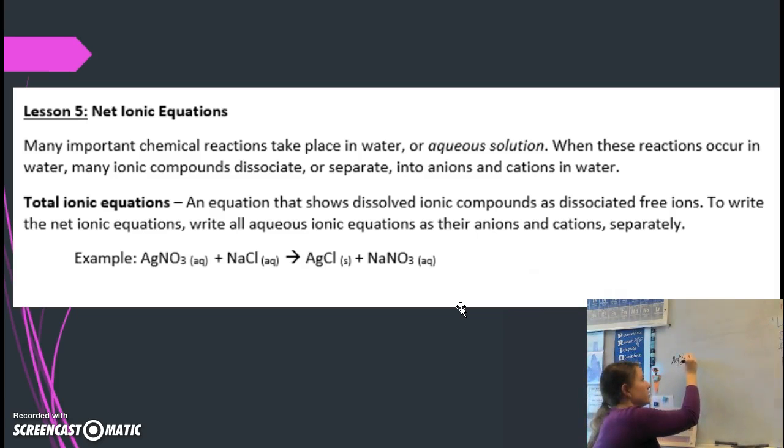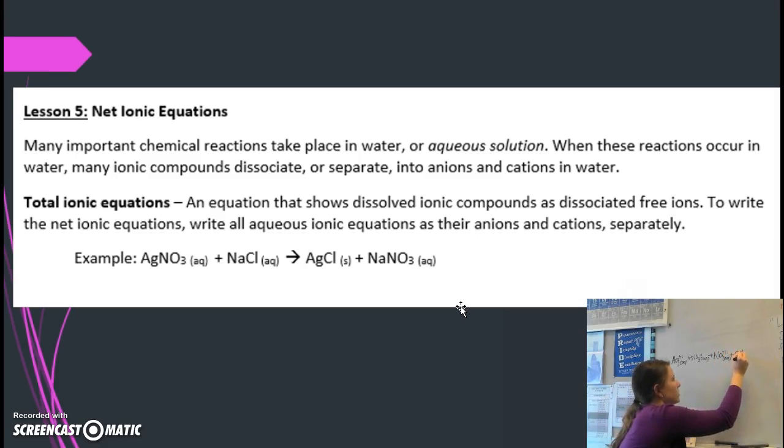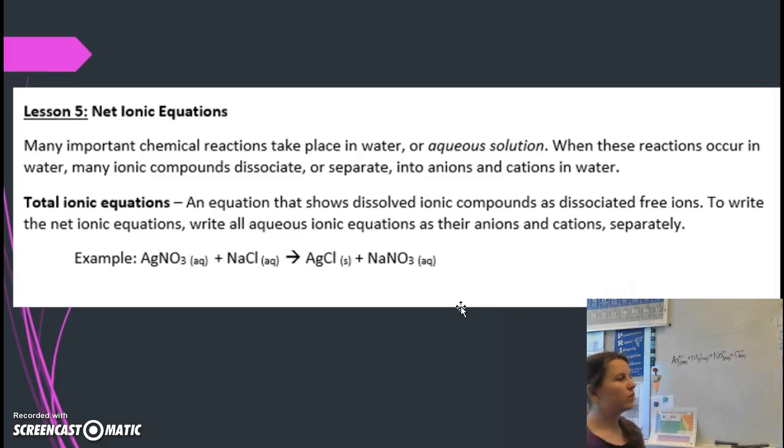We're going to have nitrate, NO3 minus 1. Sodium chloride is going to dissociate too, so we're going to have Na plus 1 and Cl minus 1. This is where knowing the charges on the periodic table is essential for breaking these apart into the anions and the cations.